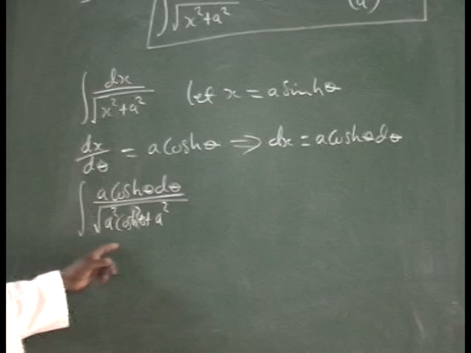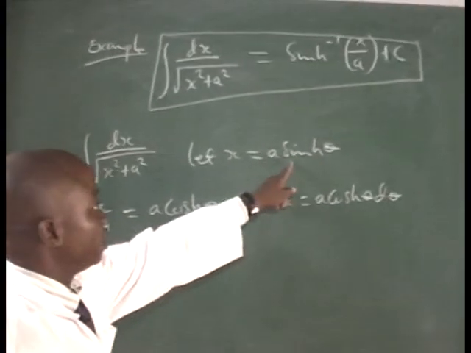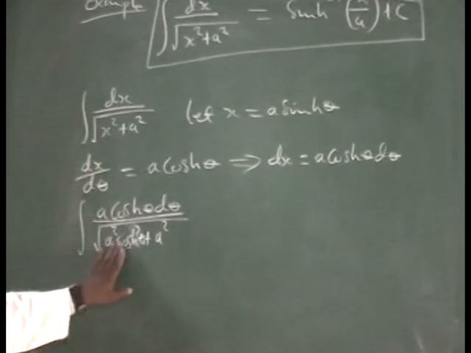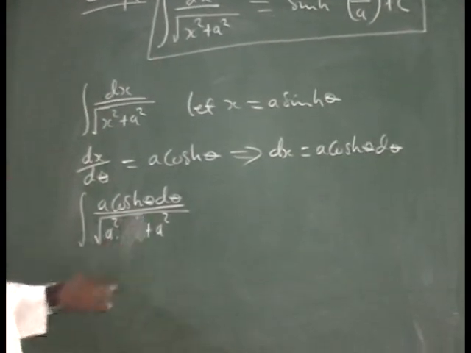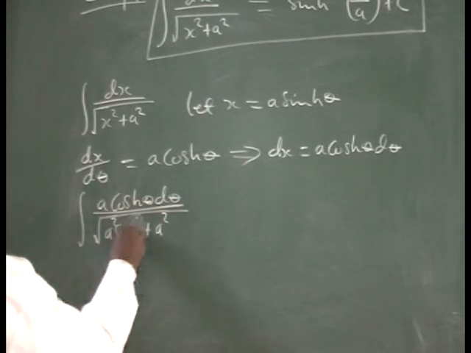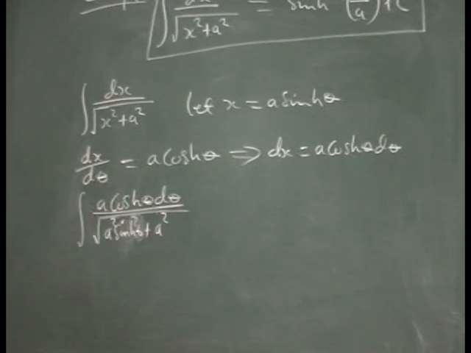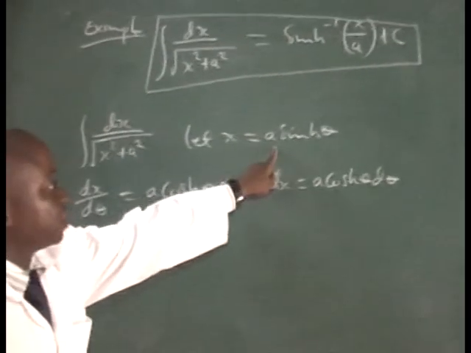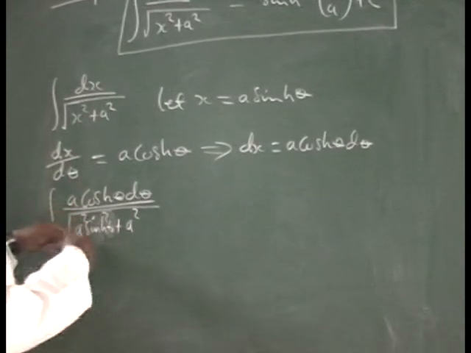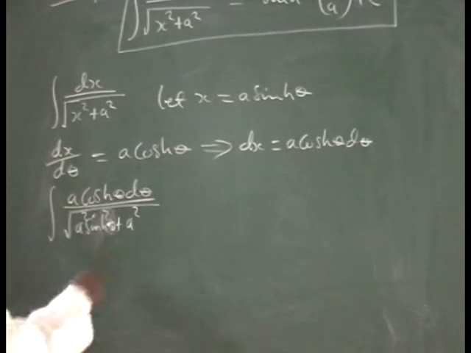Sorry, this place will be sine squared theta, because x is a sine theta. Now that we have x squared, we have a squared sine squared theta plus a squared.